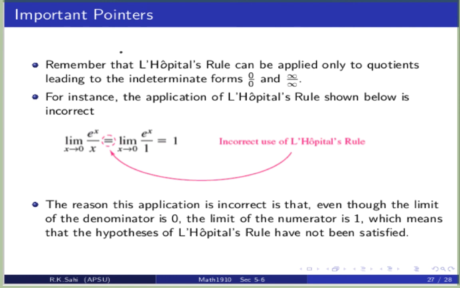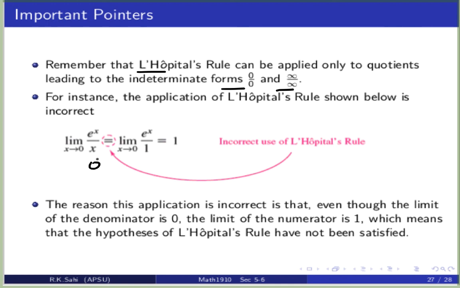As I said, L'Hopital's rule can only be applied to the quotients which lead to the indeterminate form. Now over here, for example, this is incorrect. Limit is what, e to the power 0 is what? 1 over 0. So I cannot apply L'Hopital's rule because this one is what?